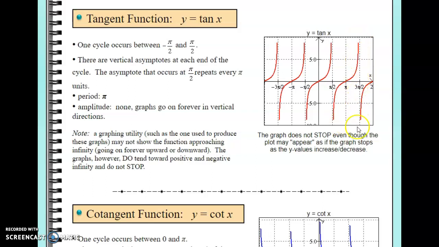So we create this asymptote. So a period now, instead of being from 0 to 2 pi over here, is actually going to be pi radians or 180 degrees. So an entire period is occurring in about half the time.